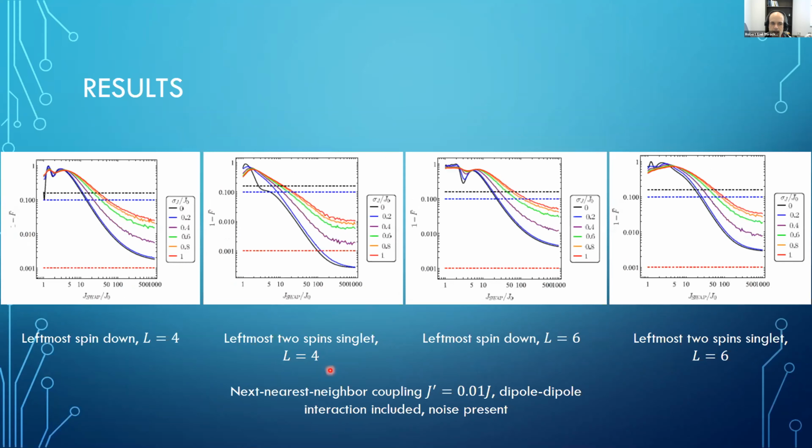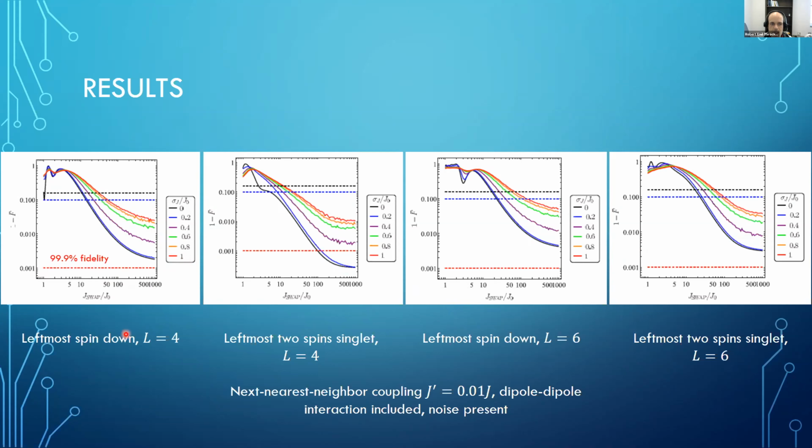Now if we turn on noise and the dipole-dipole interaction, which I admit isn't going to change our results very much, we see that noise is just making things even worse. The infidelity is saturating to larger values, the higher the strength of the noise, as you can see in all of these situations. You probably noticed these dashed lines.